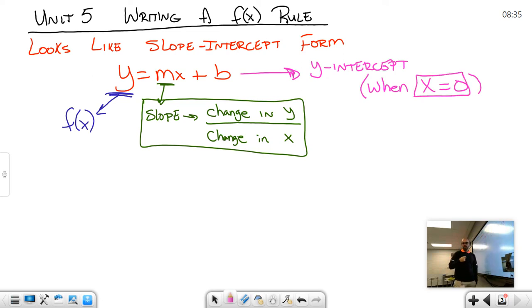So when I give you a chart, when x is 0, whatever y is goes right there. I promise you it's that simple. I'll give you guys a second to get that down, kind of process it, soak it in. Everybody good?